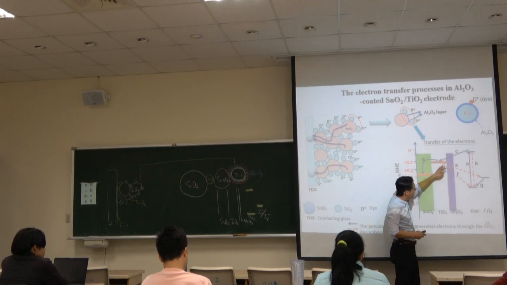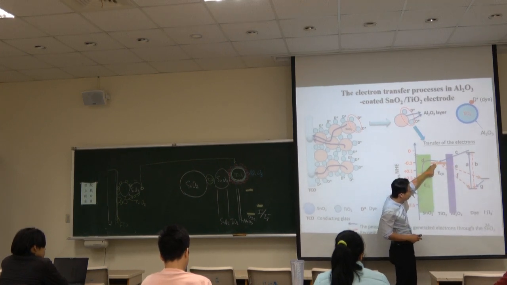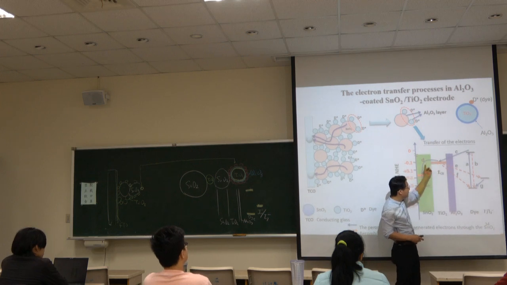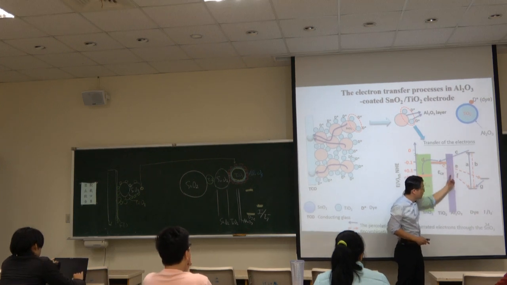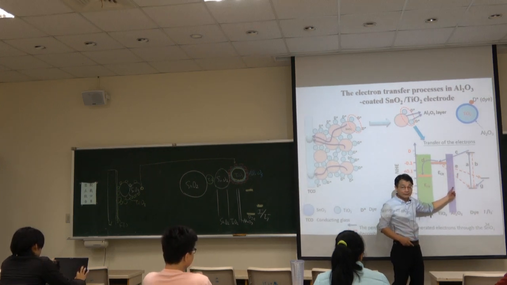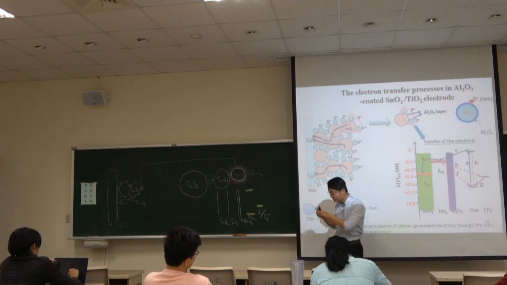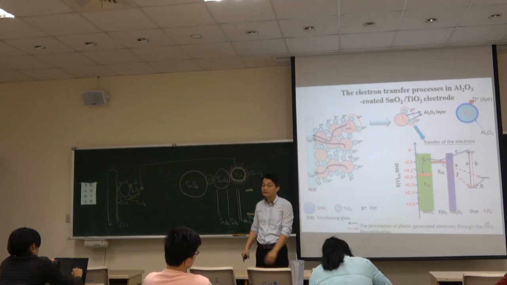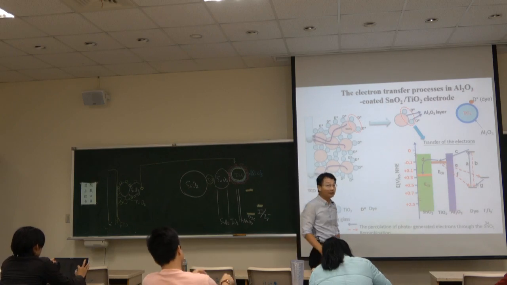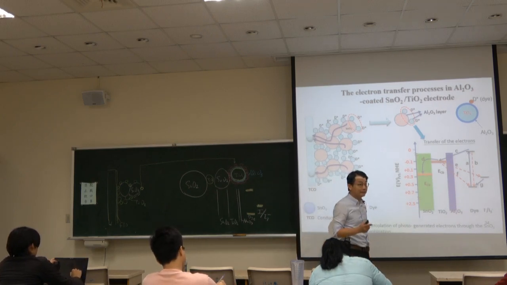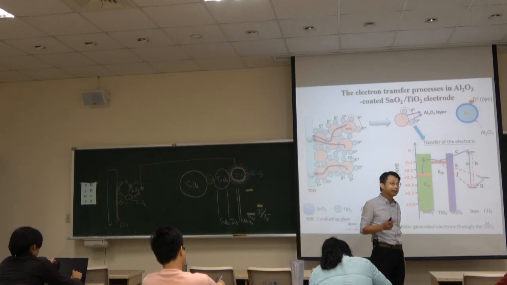So if they can penetrate through the TiO2, and then because from here to here, the impedance is much lower than this purple color, right? So it will be transferred this way, much faster, much straightforward, okay? Straightforward. So this is the idea, something like that.